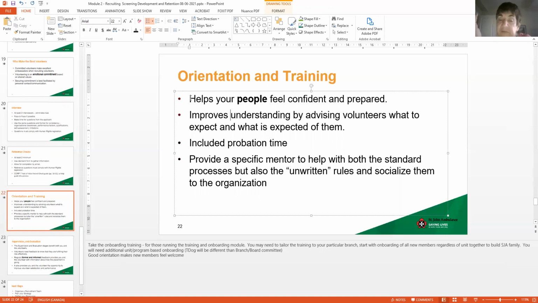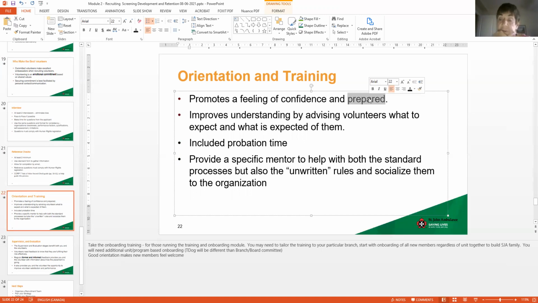So what's the purpose of orientation? It promotes a feeling of confidence and preparedness. I think it also builds community too, by the way. Don't you? Yep. I think it promotes confidence and competence. That's what it does.